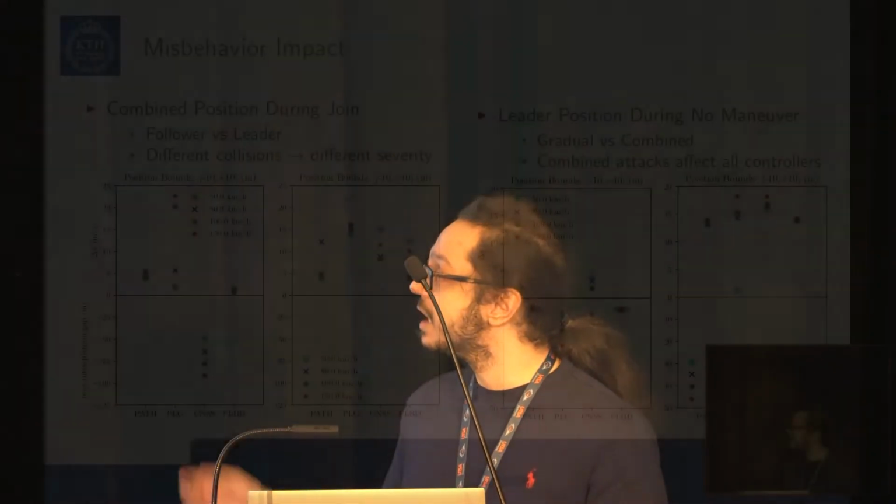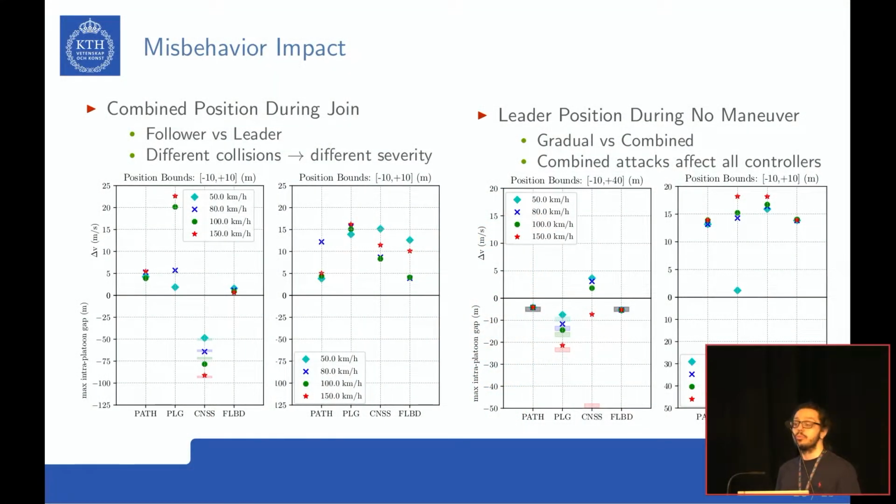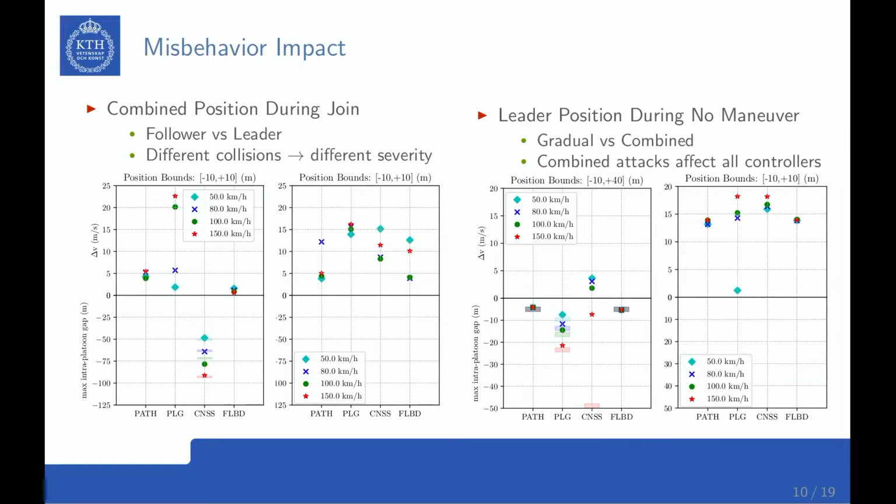Moving on to the impact of the attacks. On the left side, we can see a combined position attack during a join. On the left, we have a follower performing the attack, and on the right, we have a leader performing the attack. You will notice that there are 2 halves in each picture. In the upper half, when we have a collision, we measure the collision severity, which is measured on the speed difference between the 2 vehicles colliding.